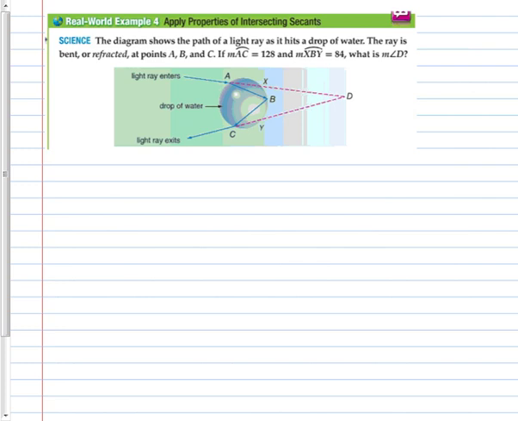And we know exactly how much it refracts depending on the color of light, and it reflects a different amount. Then it hits the back of that water droplet, and it reflects, it bounces off. It comes right down here, and when it comes out of that water droplet, it refracts again. It bends again. And here's the light ray that exits from this light ray that enters.